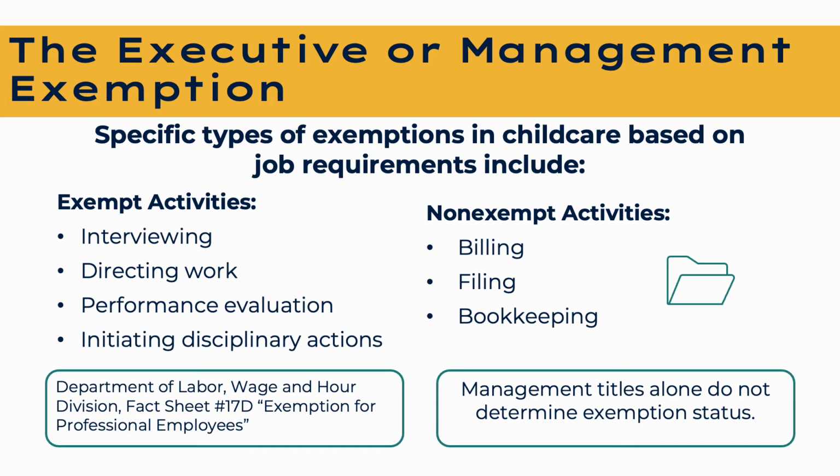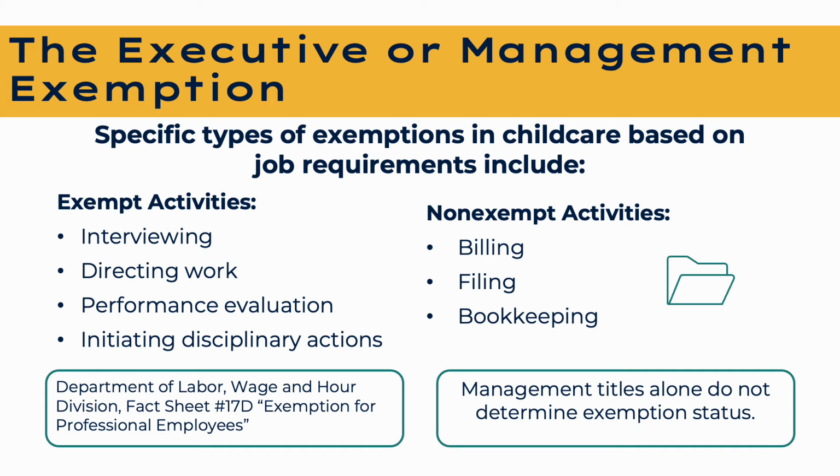The exemption criteria that is the vaguest and most commonly misapplied has to do with an employee that performs administrative duties. An exempt administrative employee regularly exercises discretion and independent judgment, devotes more than half of their time to performing specialized or technical work that requires special training, experience, or knowledge, and earns at least $250 a week on a salary basis.